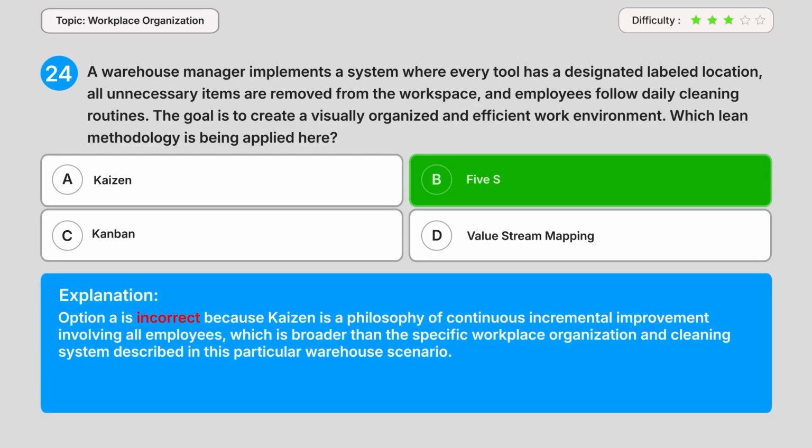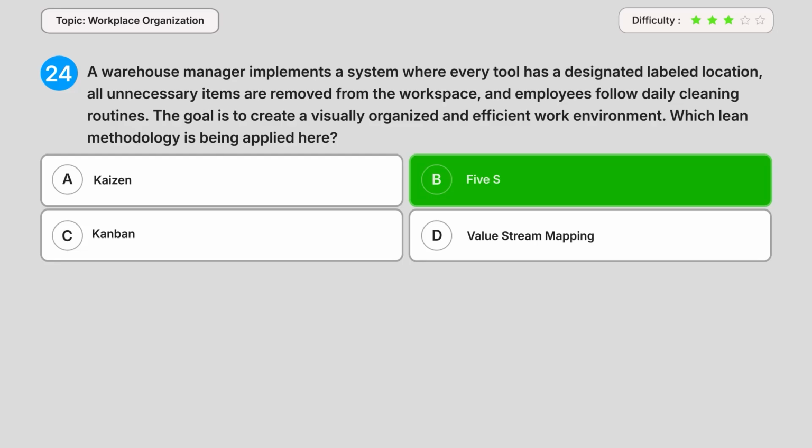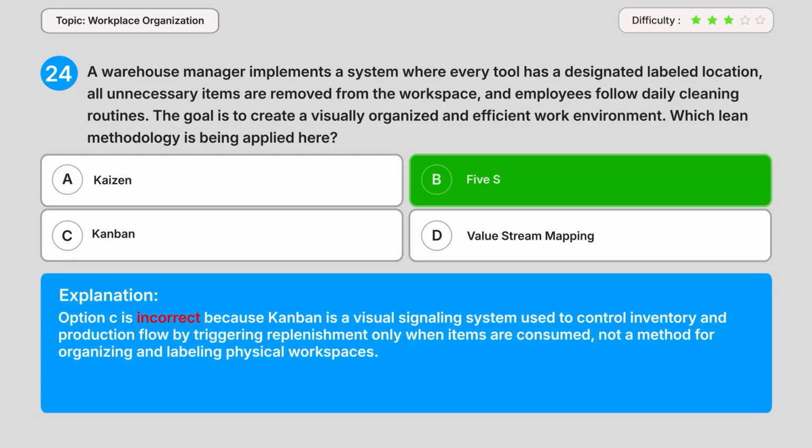Option A is incorrect because Kaizen is a philosophy of continuous incremental improvement involving all employees, which is broader than the specific workplace organisation and cleaning system described in this particular warehouse scenario. Option C is incorrect because Kanban is a visual signalling system used to control inventory and production flow by triggering replenishment only when items are consumed, not a method for organising and labelling physical workspaces.